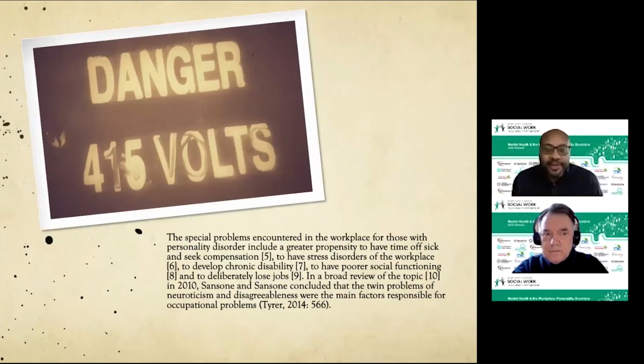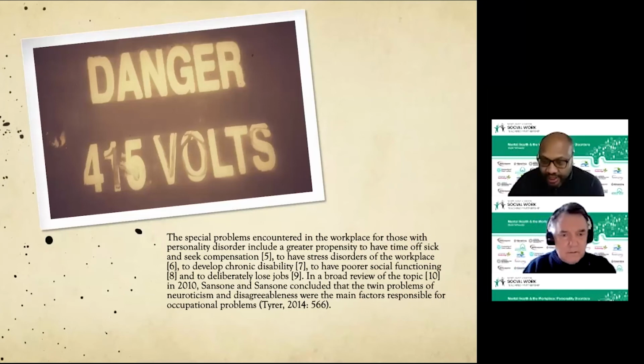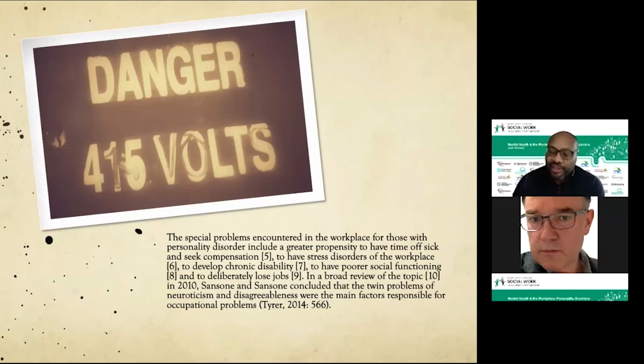So the special problems encountered in the workplace for those with personality disorder include a greater propensity to have time off sick and seek compensation, to have stress disorders of the workplace, to develop chronic disability, to have poor social functioning, and to deliberately lose jobs. In a broad review of the topic in 2010, Sansone and Sansone concluded that the twin problems of neuroticism and disagreeableness were the main factors responsible for occupational problems.